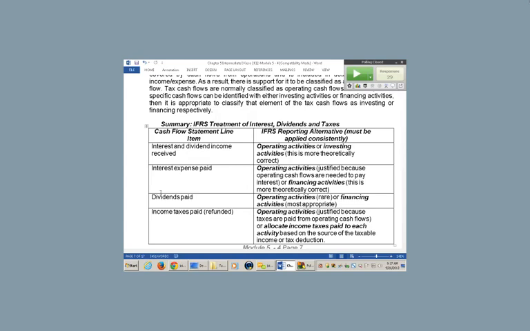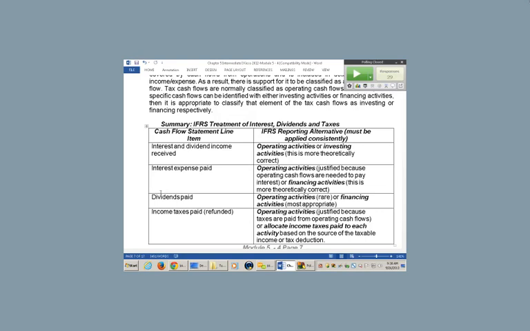Operating. I mean, basically, it's agreed almost universally that you should have taxes in operating activities. But IFRS allows you the option to allocate taxes to the sources of the tax. So any tax paid on operations, on income, goes into operating activities. Any taxes paid because you retired debt early at a gain goes into financing.